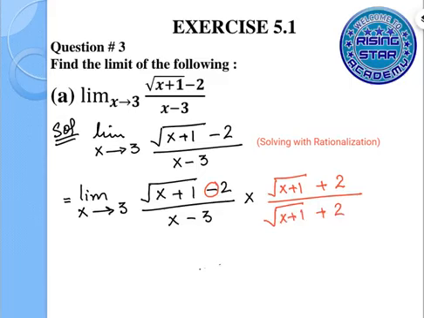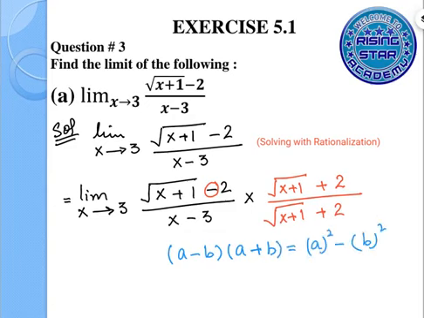Now we will use an algebraic formula. If we have the form a minus b times a plus b, the result will become a square minus b square. The same thing is in the numerator, you can see this is a minus b, a plus b form.